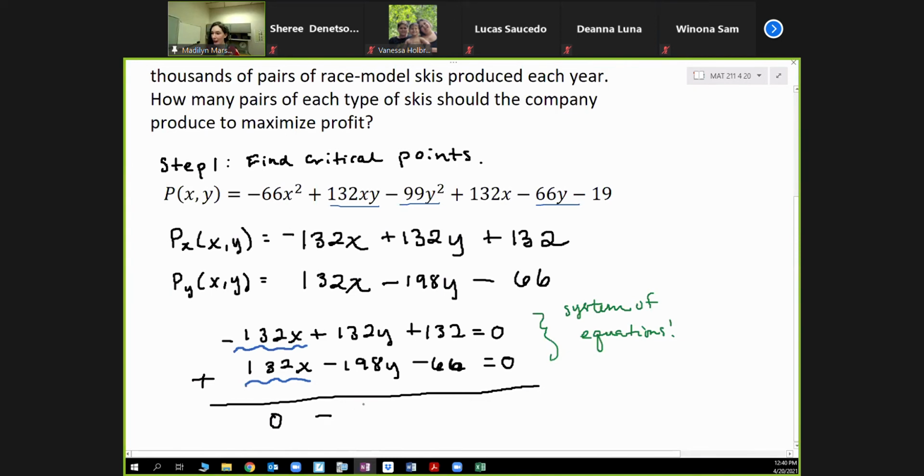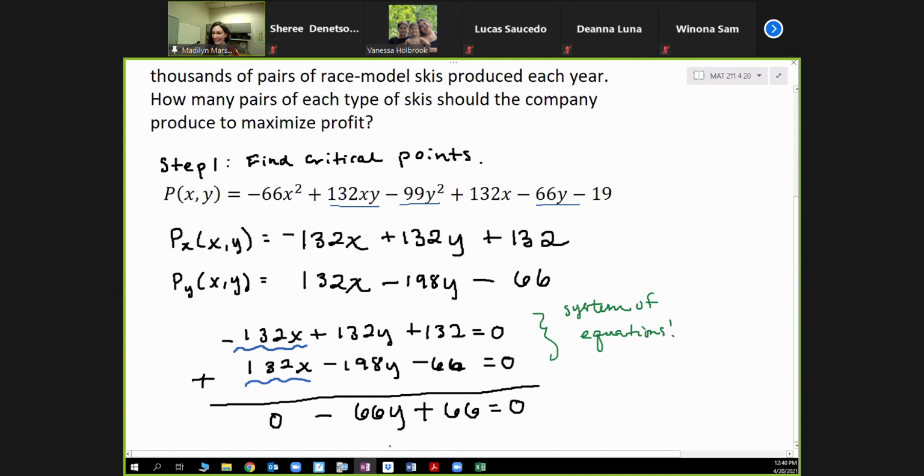Then we have our y, which is negative 66y, plus, I'm not going to try to do two things in my head. No. 66. Oh. Sorry, you were doing so good.